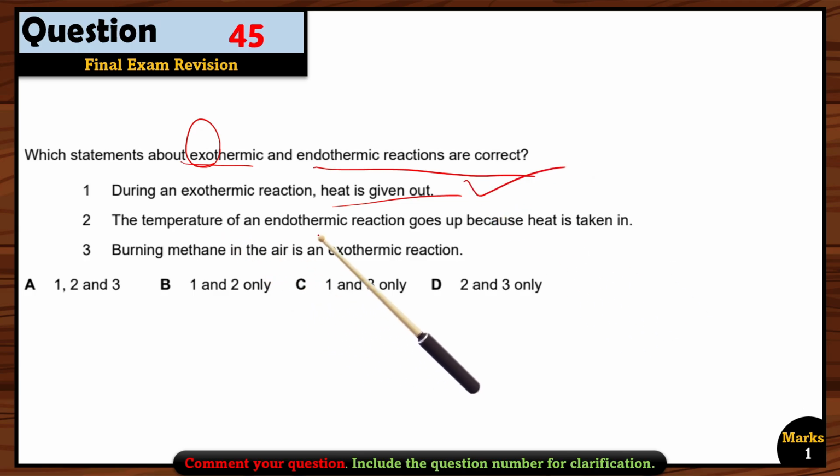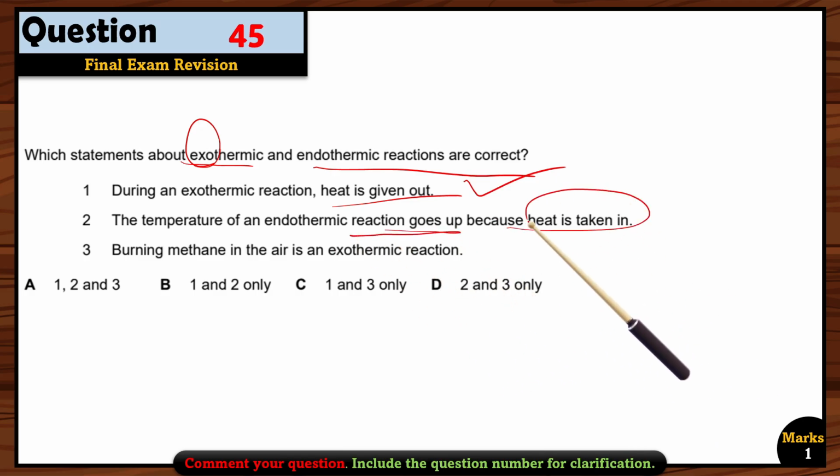The temperature of an endothermic reaction goes up because heat is taken in. The student will think, yes, that's right. Why? Because endothermic reactions always take in heat. But that's not the temperature. Temperature is for the surrounding, okay? The heat of an endothermic reaction actually goes up, right?